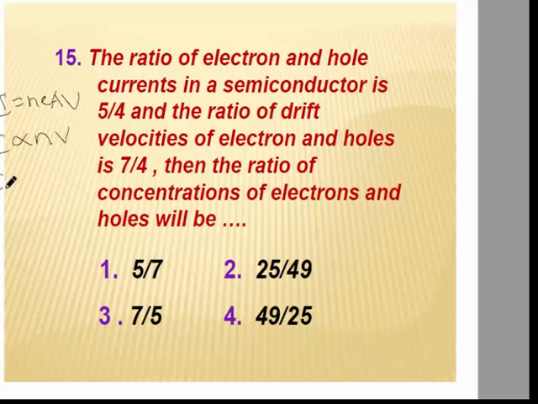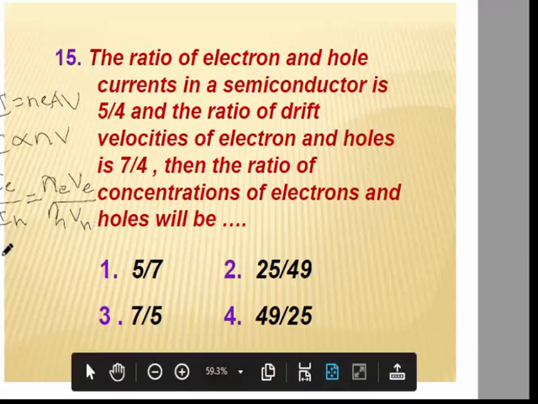Then IE divided by IH equals NE into VE divided by NH into VH. And what do we need?